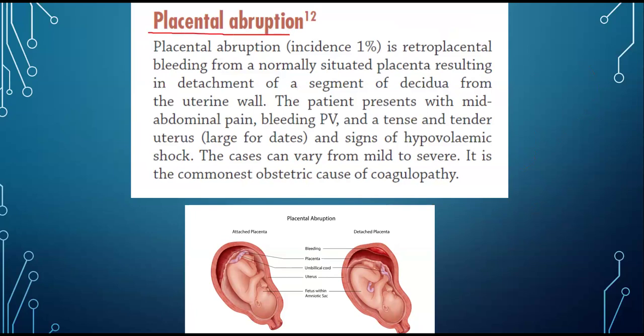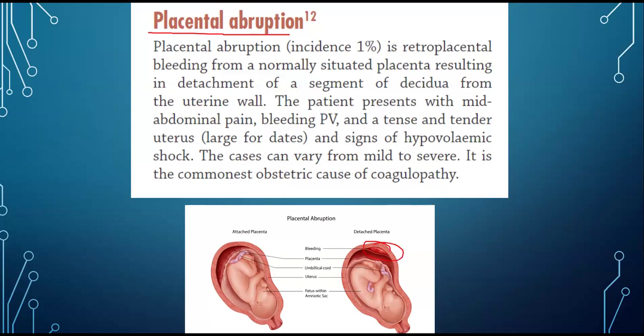Placental abruption. So what is abruptio placenta? If you look over here, the placenta is attached to the uterus, right? And the placenta will be detached only after the delivery of the baby. That's how it should occur. But before delivery, if the placenta gets detached from the uterine wall, that is what we call placental abruption. When it gets detached, the patient can start bleeding.